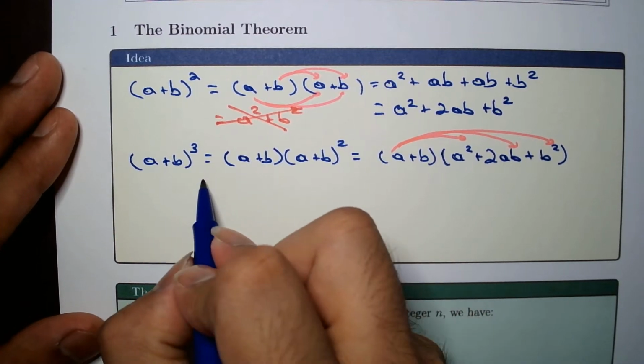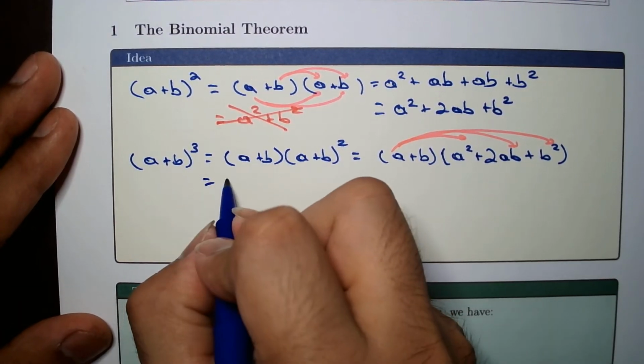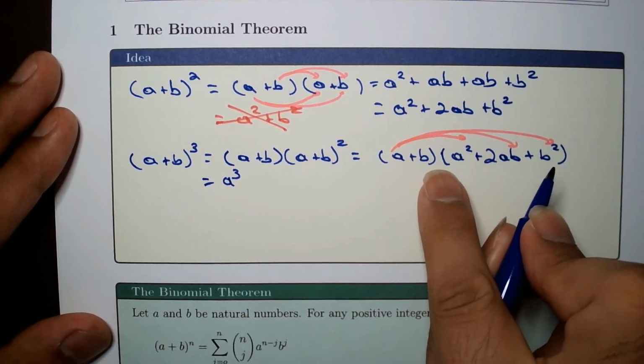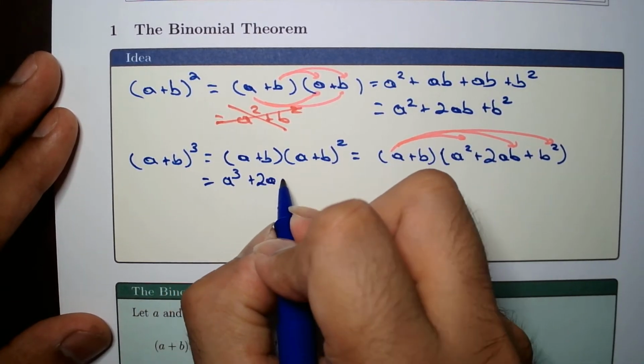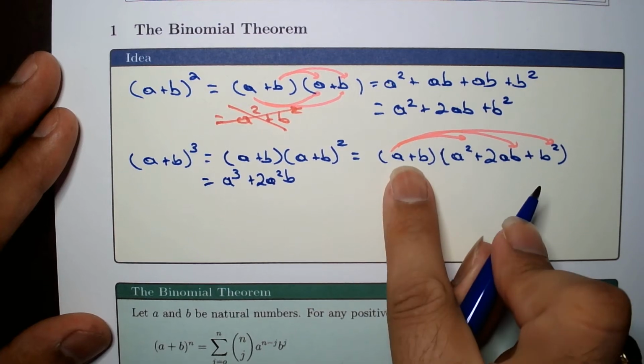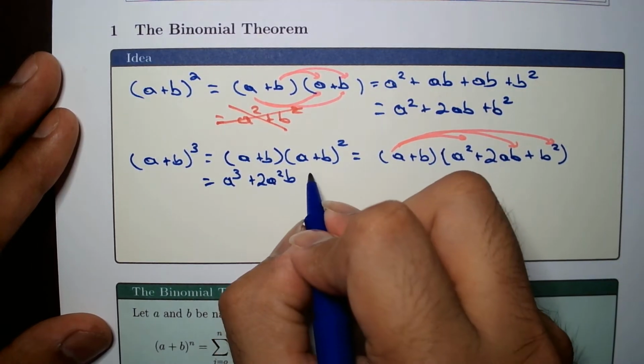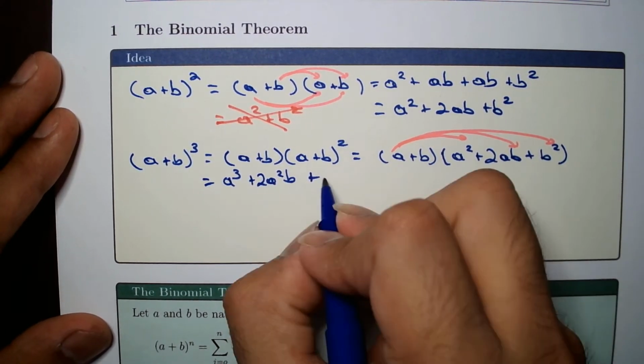So what are we going to get? Well, a cubed, and then a times 2ab is 2a squared b, and then a times b squared is ab squared.